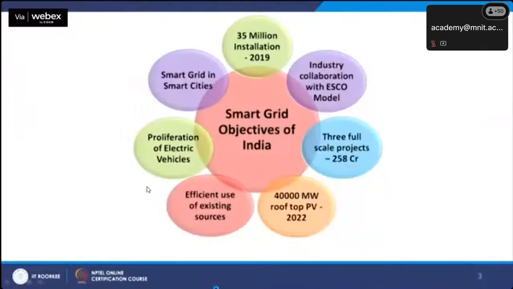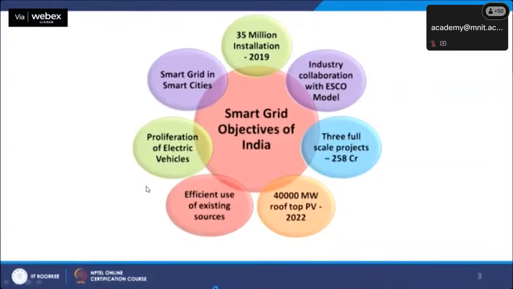Now, if you see, India's journey in the field of smart grid is quite significant, and today the smart grid objectives of India highlight many goals or desired milestones that have been fixed. 35 million smart meters installation by 2019, which is a huge target.